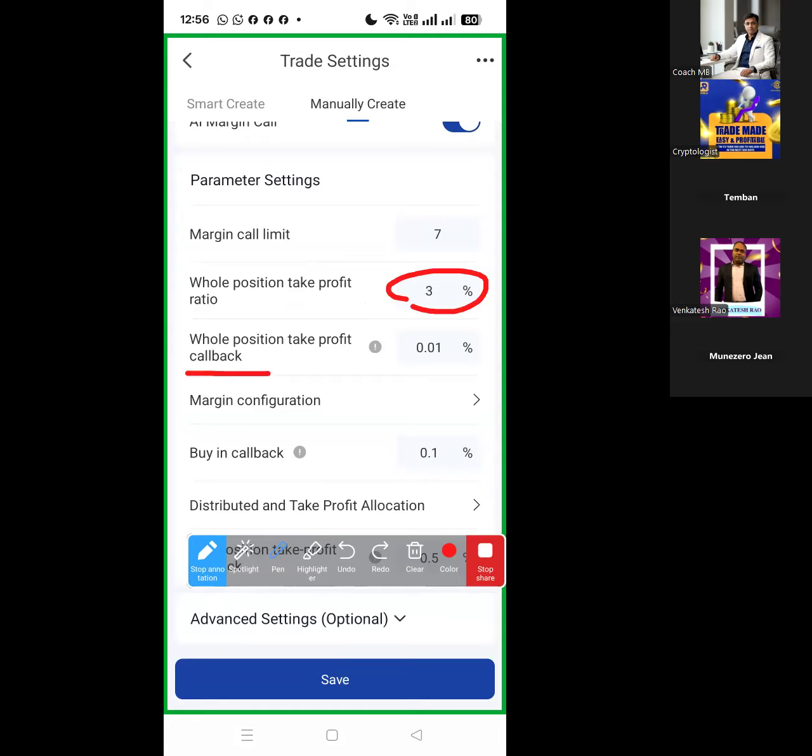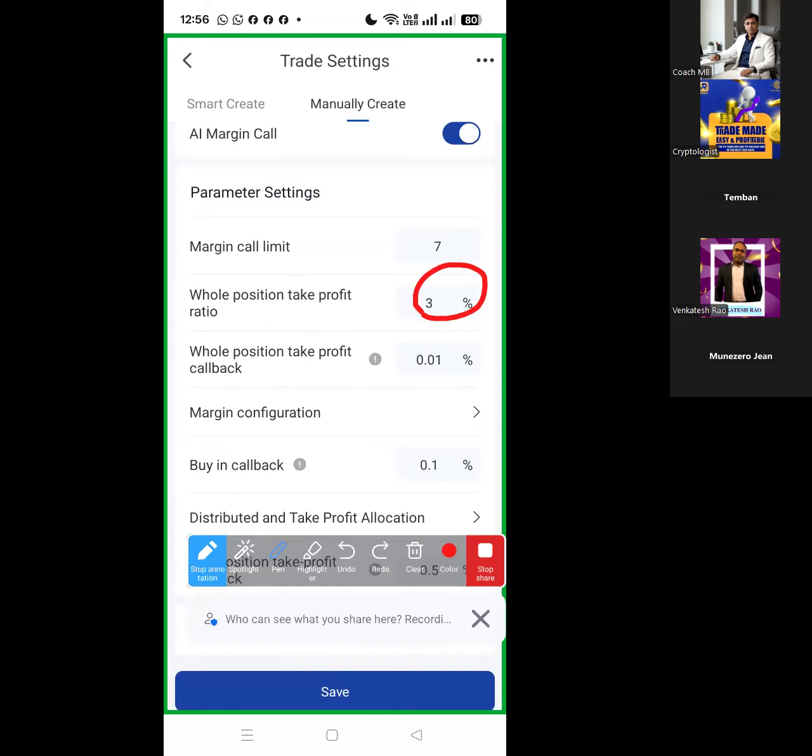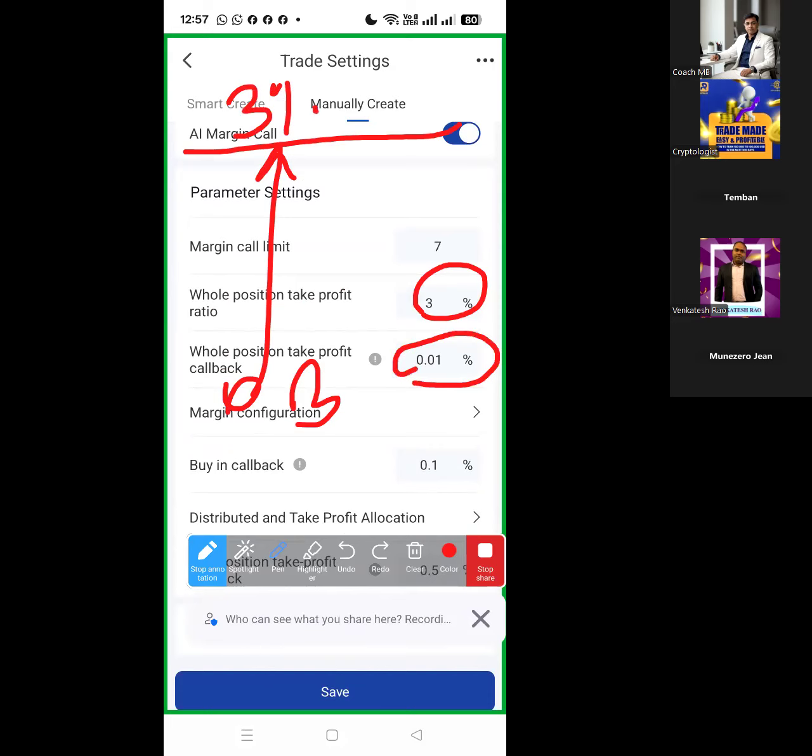What is a callback? It is when you want the market to reverse in the direction. Suppose you want a 3% profit in this trade. Suppose you start from this price, and your target 3% comes here. So you have put a small callback function here, a small percentage of callback, meaning you want the robot to sell only if the market drops by this percentage.